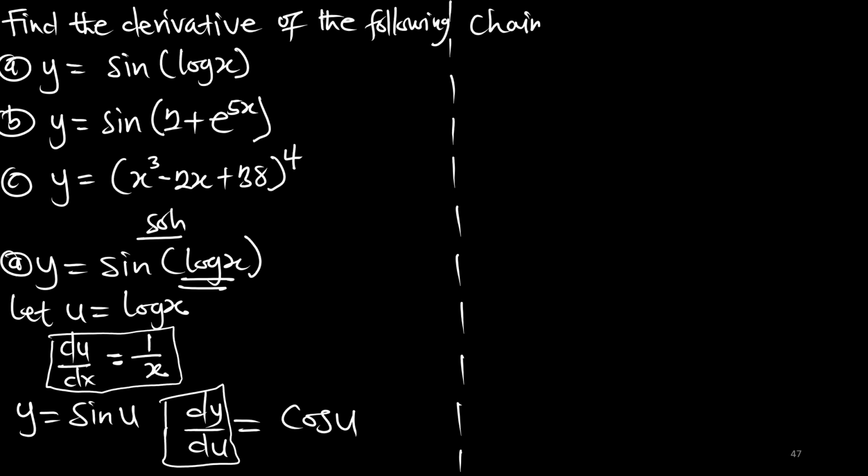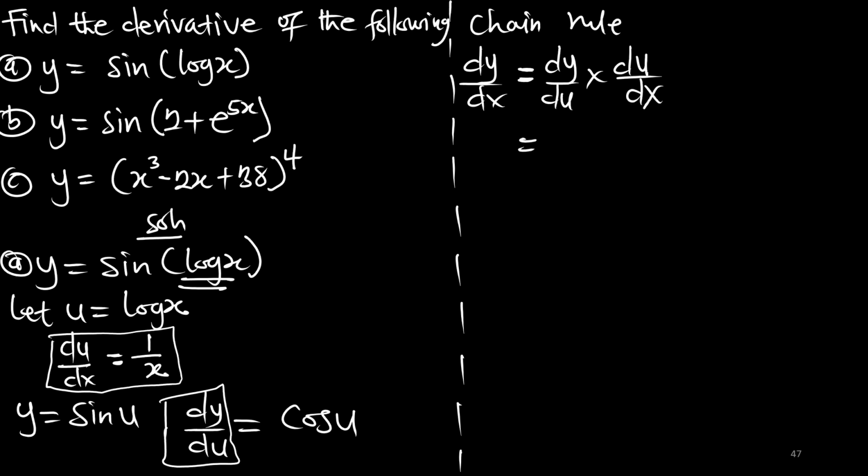we say the derivative dy with respect to dx, from the two derivatives that we have, is dy with respect to du multiplying du with respect to dx. And dy du is cos u, multiplying du dx, that is 1 on x.